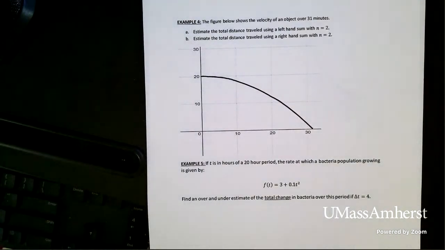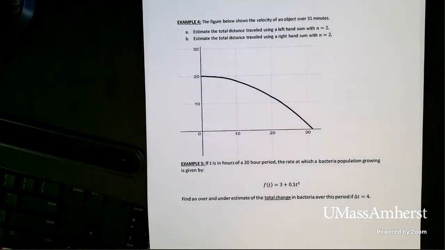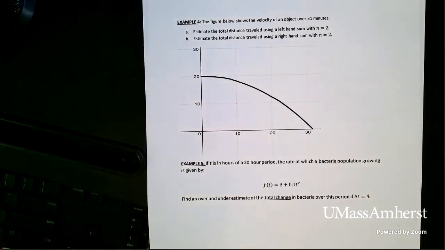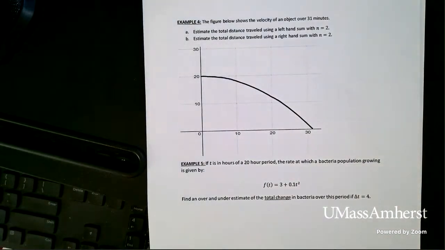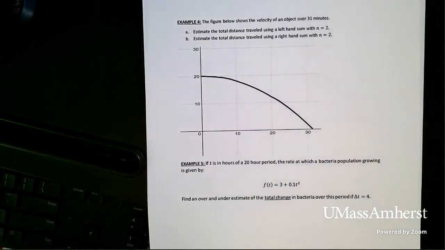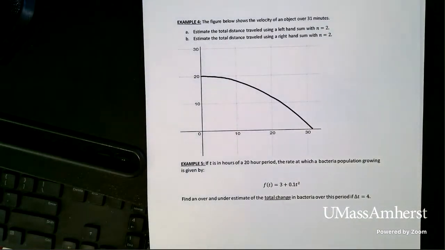So here we want to estimate the total distance traveled by whatever this figure is by using a left-hand sum with n equals 2. We also want to estimate the total distance traveled using a right-hand sum with n equals 2.